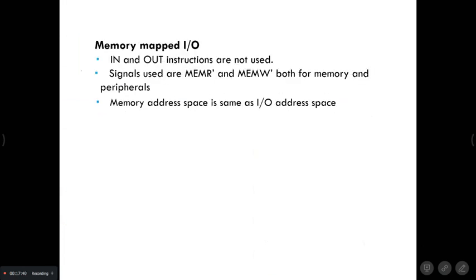In this, we are not going to use the in and out instructions. Why don't we want them here? Because we are not going to send the data directly to the IO, or get the data directly from the IO. Here we don't use any IO read or IO write signal at all.